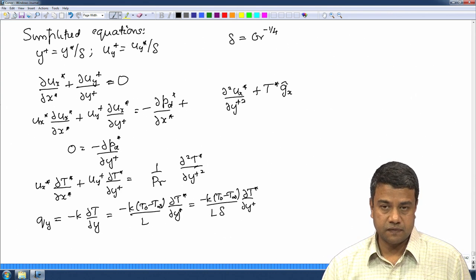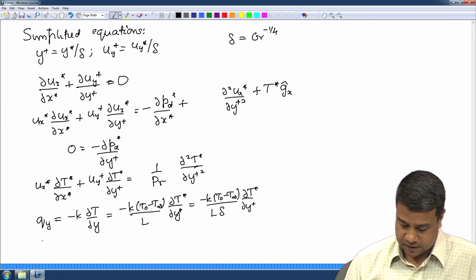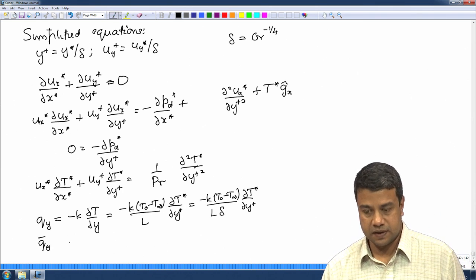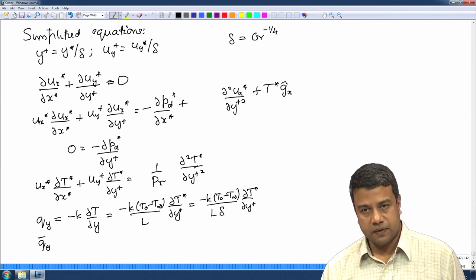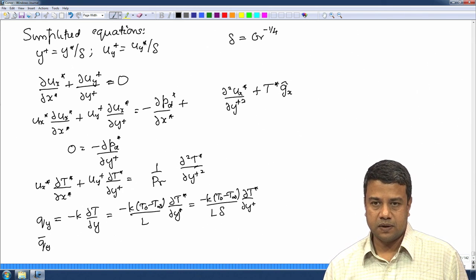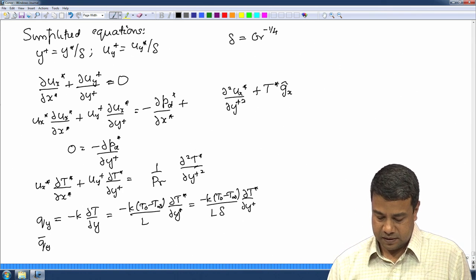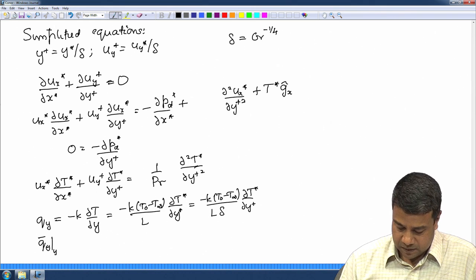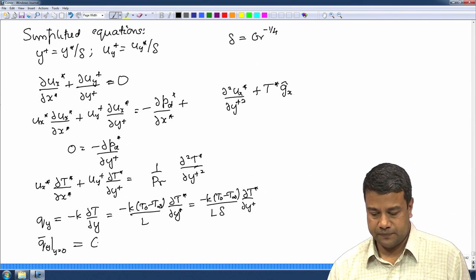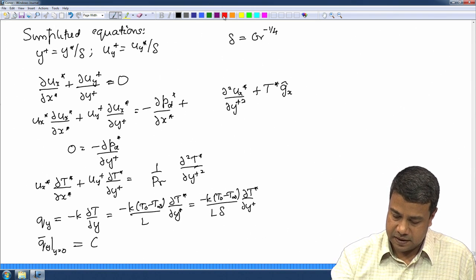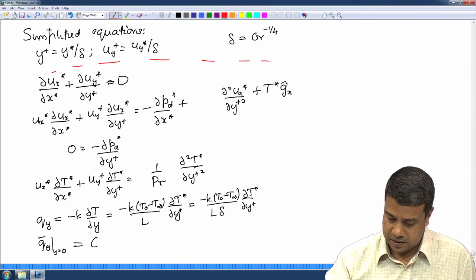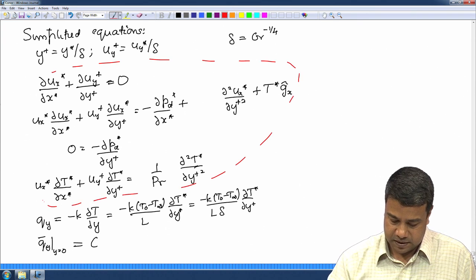That will be the scaling of the flux at the surface. The average flux will be an integral of this over the surface. However, the scaling of that will actually be the same. So, if I take the average flux at y is equal to 0, it will be equal to some constant. It has to be determined from these scaled equations.